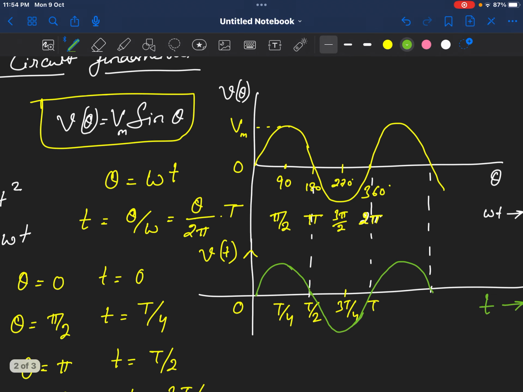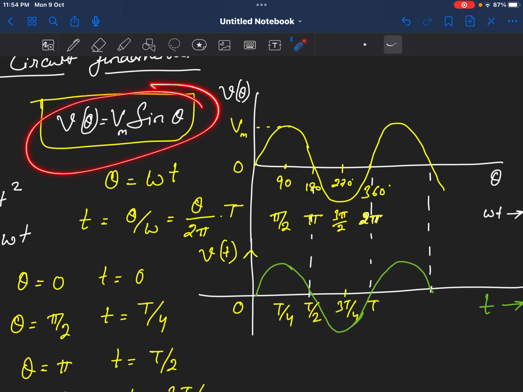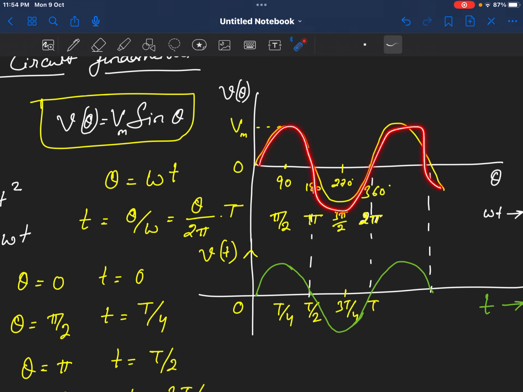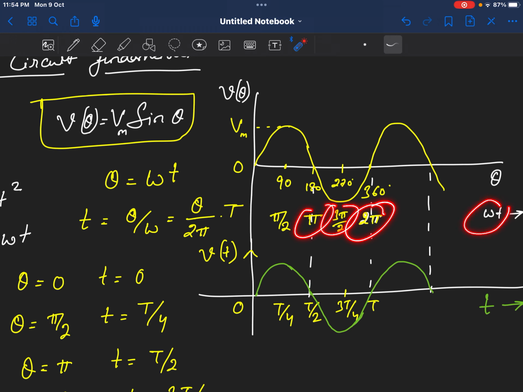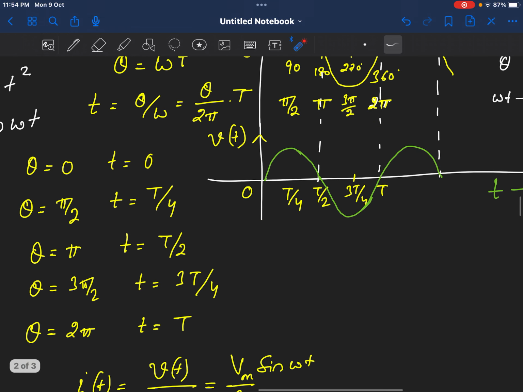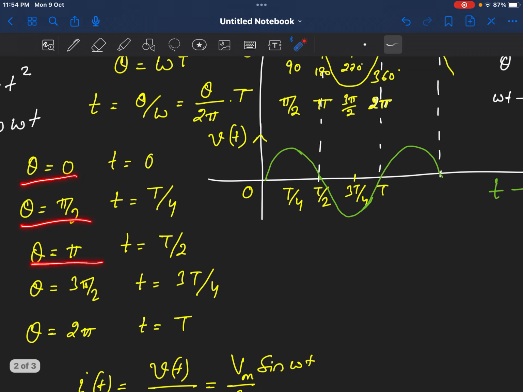So V of theta is equal to Vm sine theta, which I can represent by a sinusoidal waveform. Theta is written in terms of degrees, and also we can write in radians if we use omega t. If we divide this term by omega, we get it in terms of time, and if we put different values of theta, we can get the time.